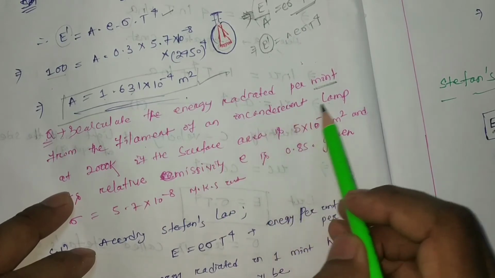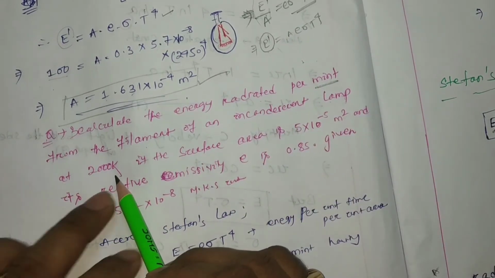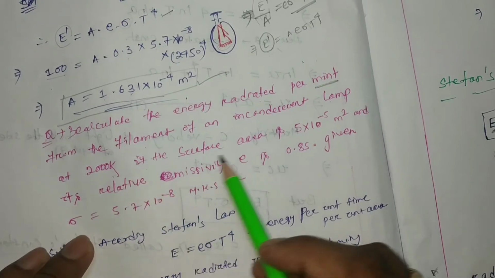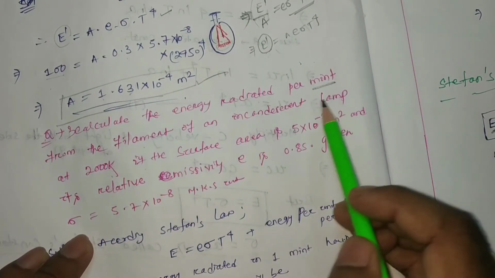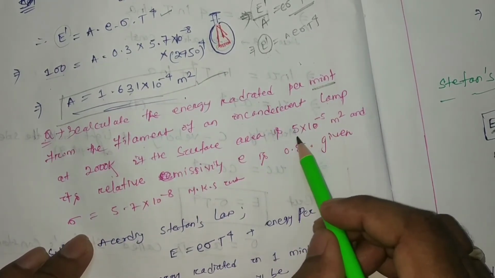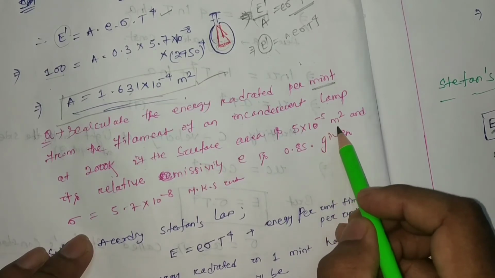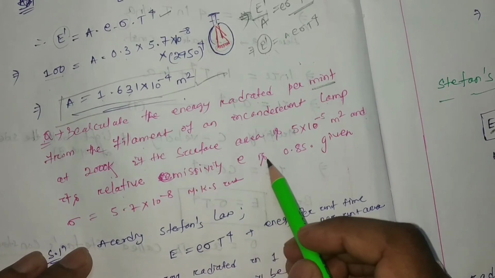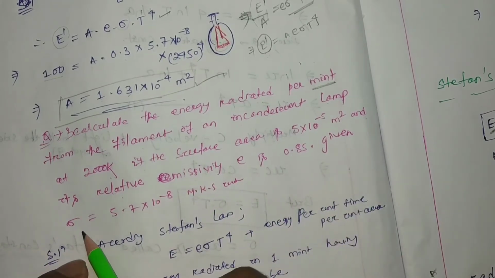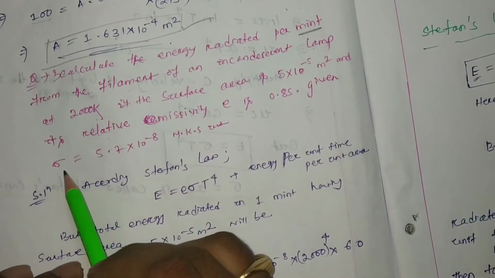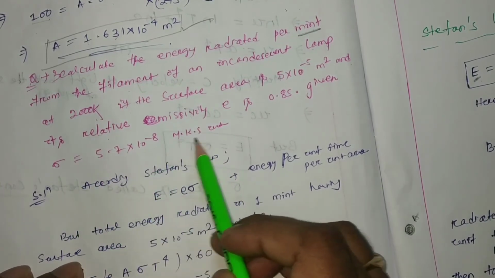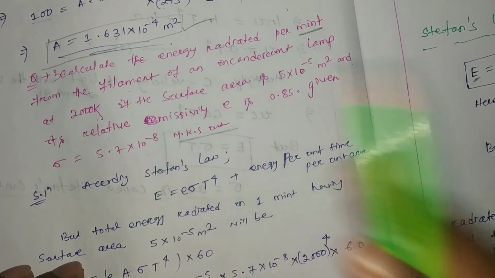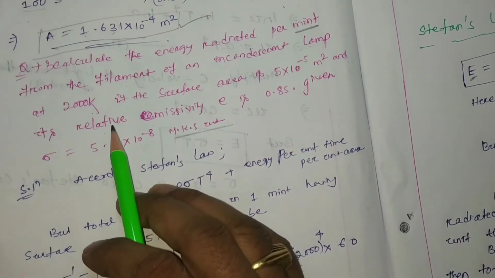From the filament of an incandescent lamp at 2000 Kelvin, if the surface area of the lamp is 5 into 10 to the minus 5 meter square, and its relative emissivity e is 0.85, given your Stefan's constant is 5.7 into 10 to the minus 8 in MKS unit, what will be the value of the energy radiated per minute?